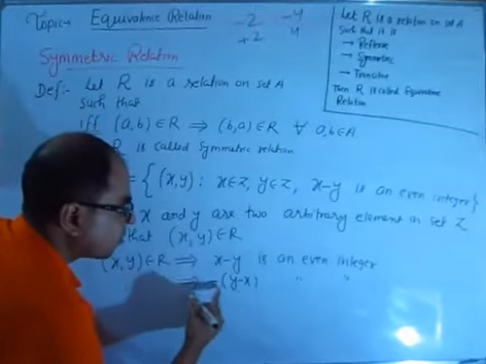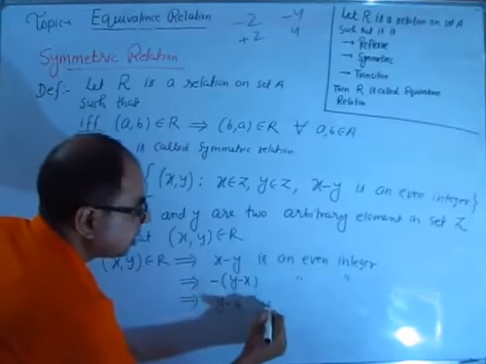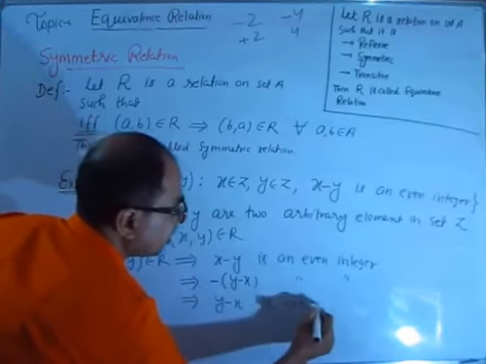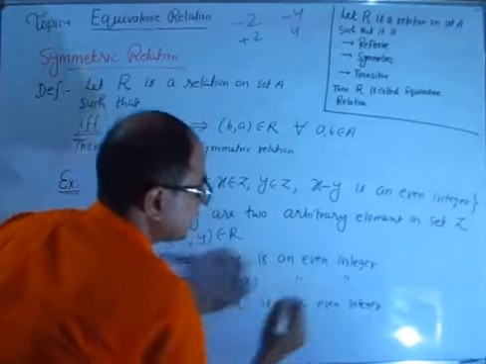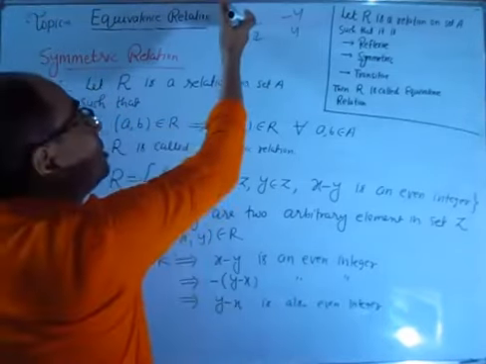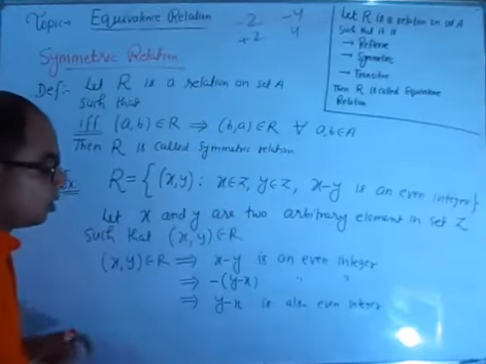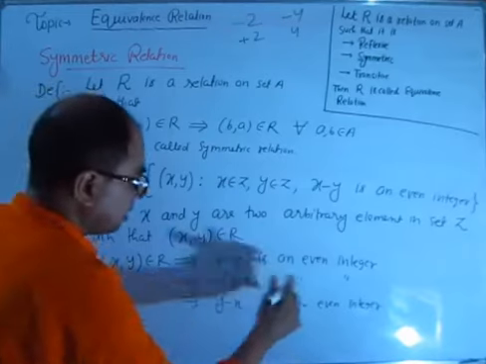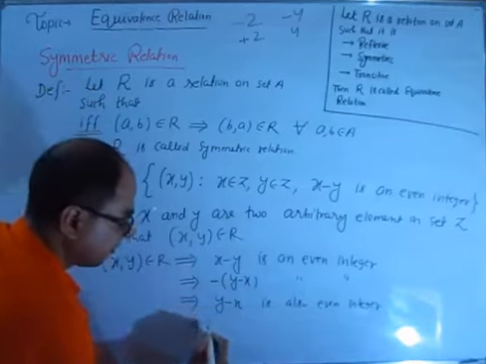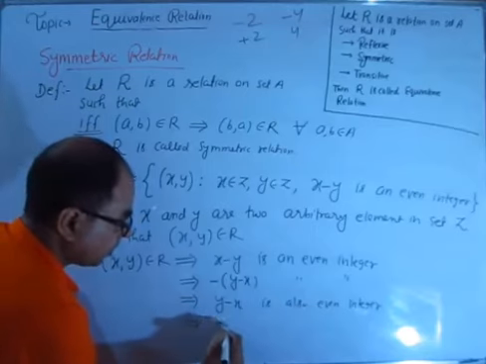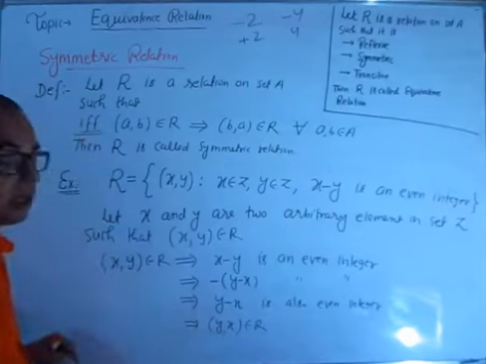So if minus of (y minus x) is an even integer, then y minus x is also an even integer. Simple mathematical logic. So we have proved that y minus x is an even integer, and from here we can say that y is related to x.